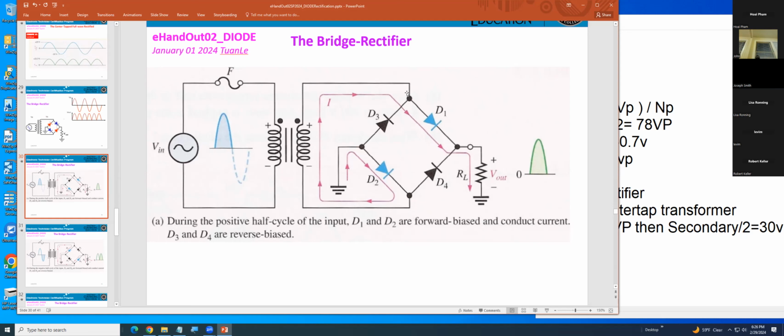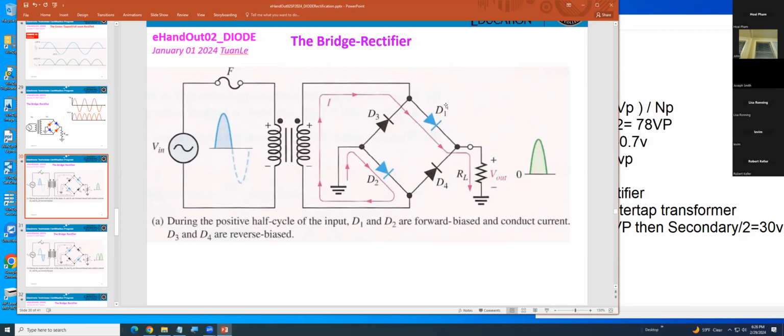D1 is on. D1 is on because the anode is positive, 50 volts here, however this will be ground here. So that makes D1 on. Correct, D1 is on.